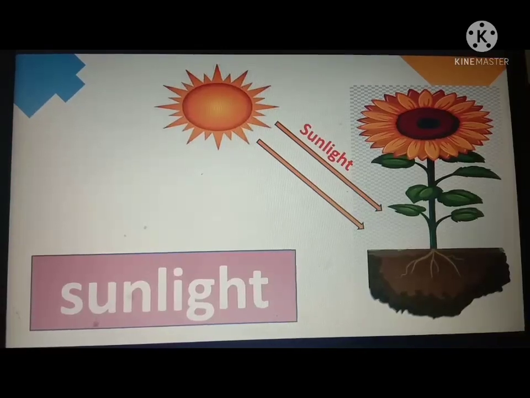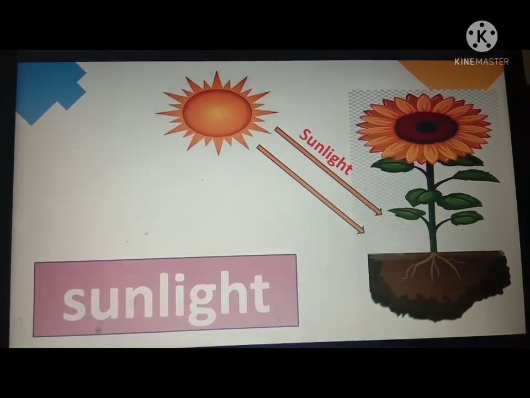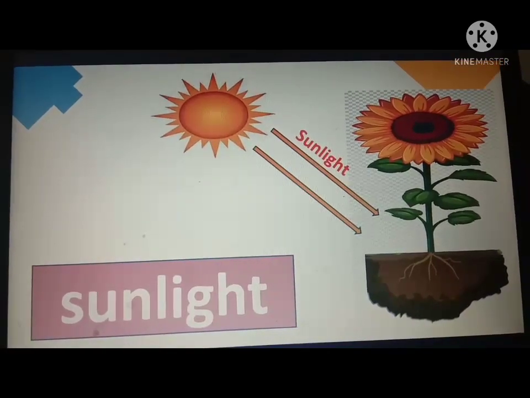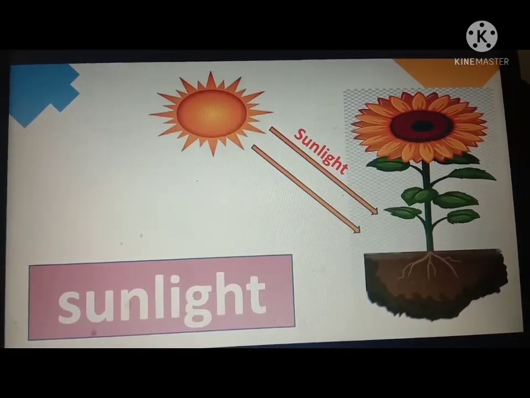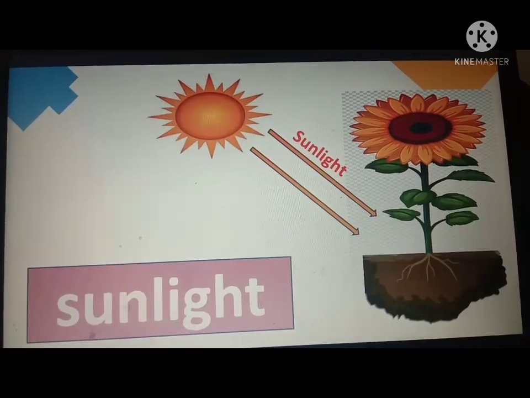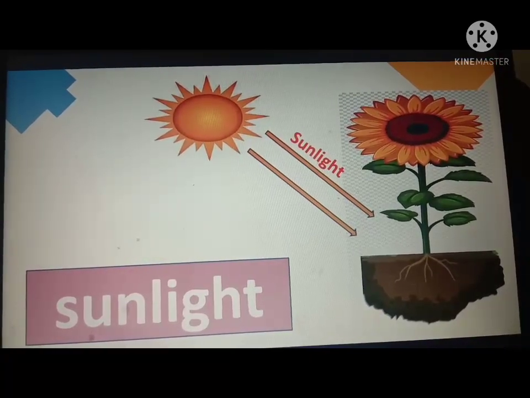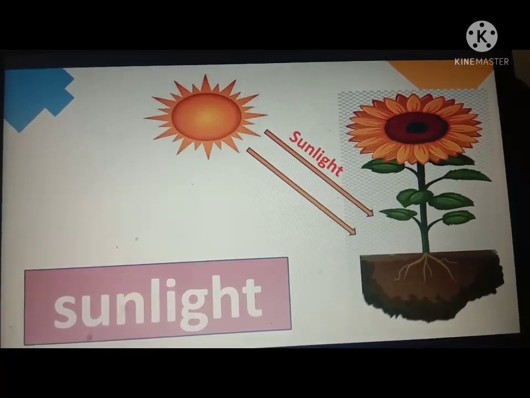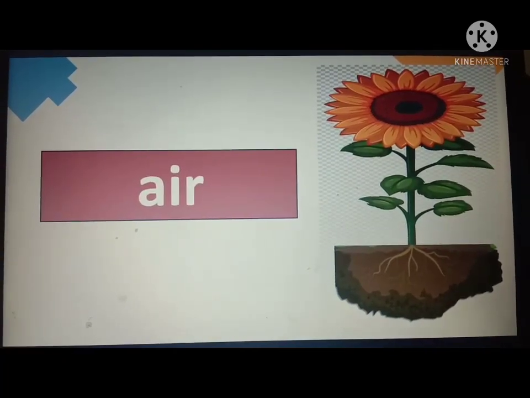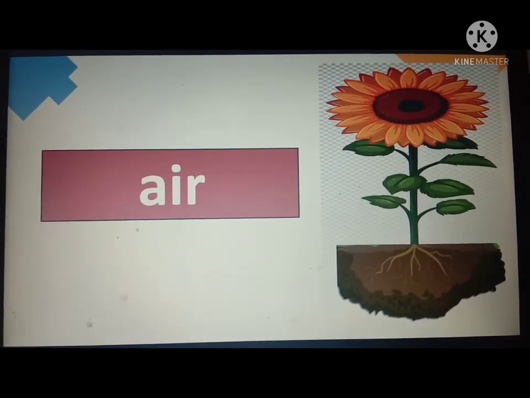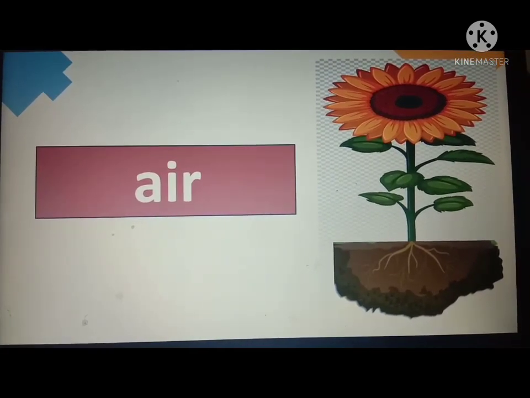Children, next thing that plants need to grow is sunlight. From sunlight, plants get energy and warmth. Next important thing that plants need to grow is air.